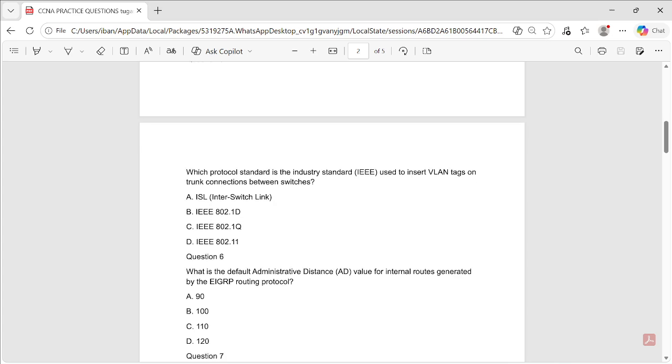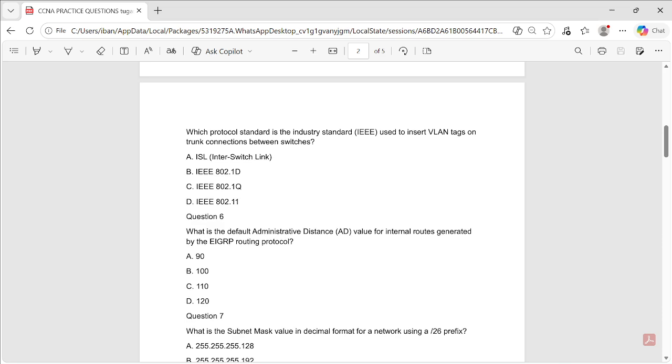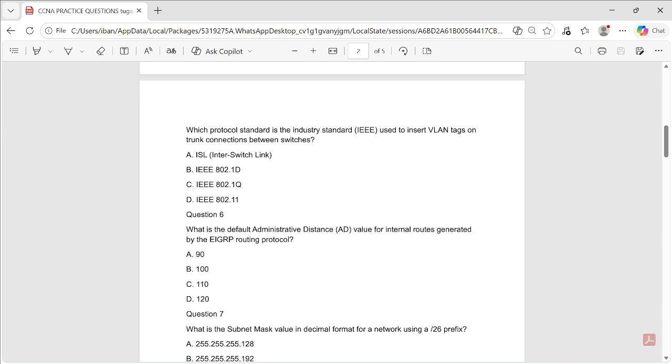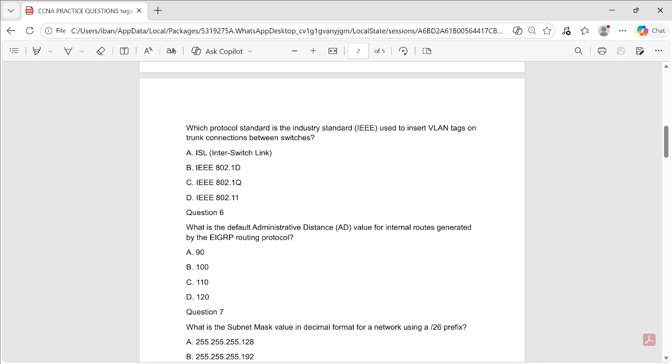Next, question number six: what is the default administrative distance, or AD value, for internal routes generated by the EIGRP routing protocol?